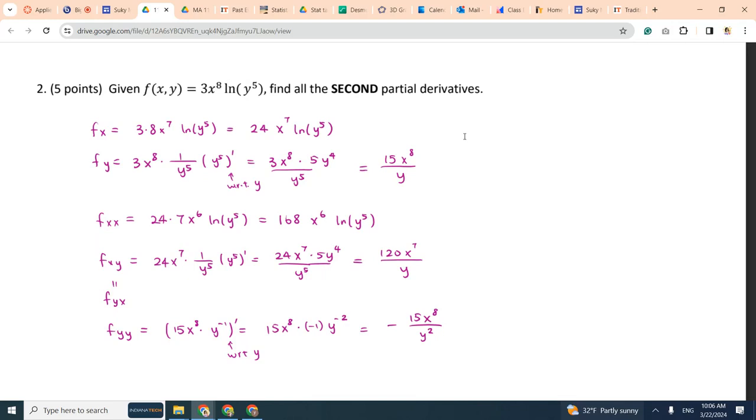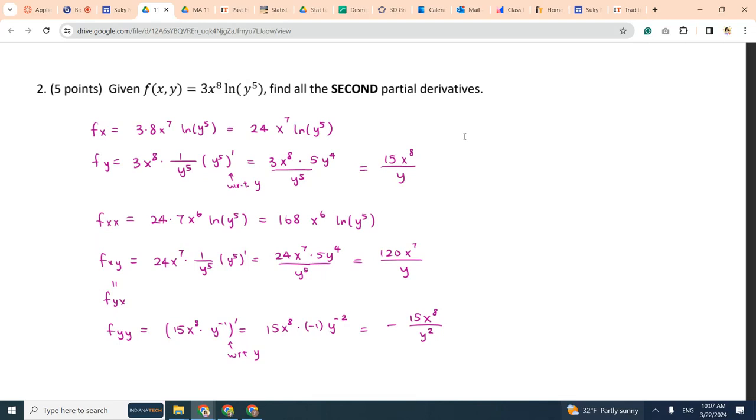Therefore, derivative of y to the fifth is 5y to the 4. And we can cancel the y to the 4. We get just 15x to the 8 over y. Is that okay, everybody? And actually, there's one more way that you can simplify.